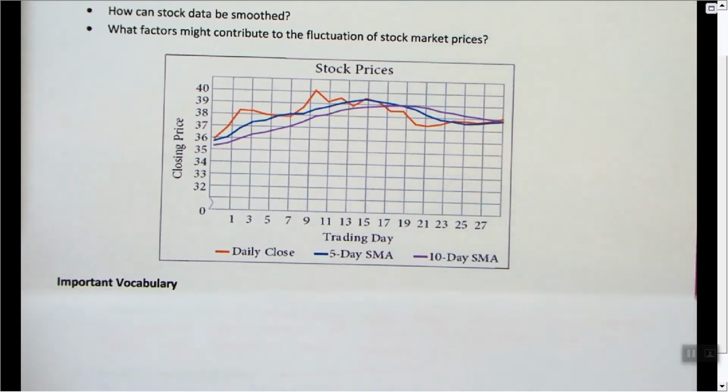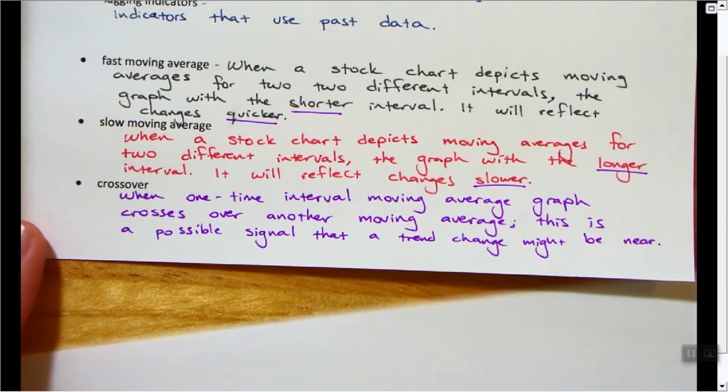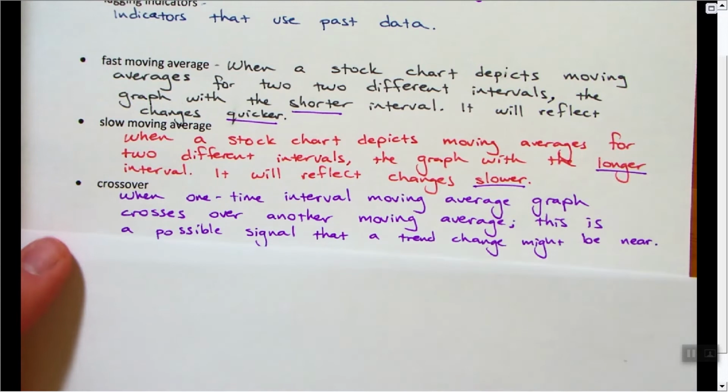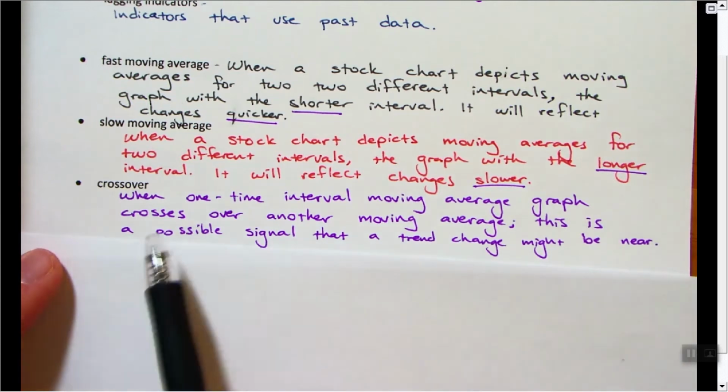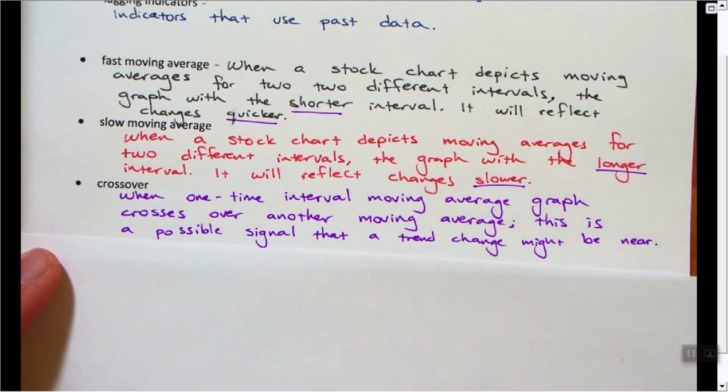Okay, there's one last idea we should talk about before I move on and look at some math, and that is the idea of crossover. When one time interval moving average graph crosses over another moving average, this is a possible signal that a trend change might be near.